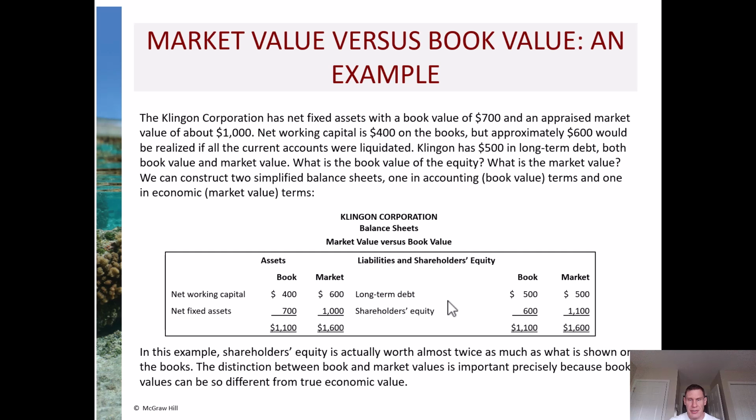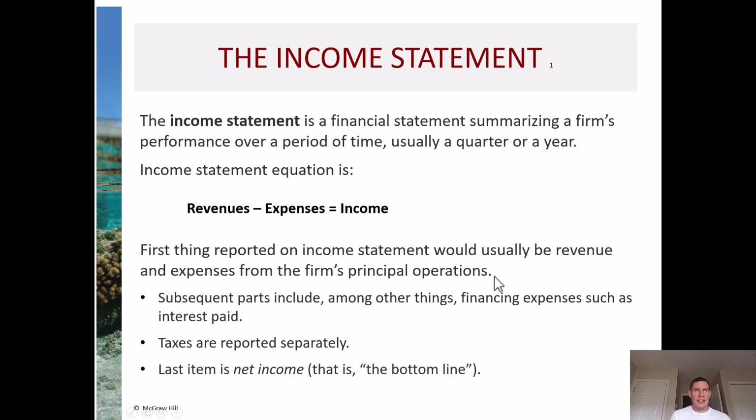On the right-hand side, liabilities and shareholders' equity, we have 1,100, 500 plus 600, but again versus 1,600 for the market. So in this example, shareholders' equity is actually worth almost twice as much as what is shown in the books. The distinction between book and market values is important precisely because book values can be so different from true economic value.